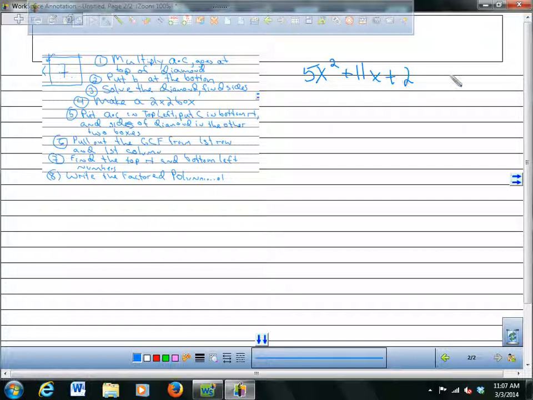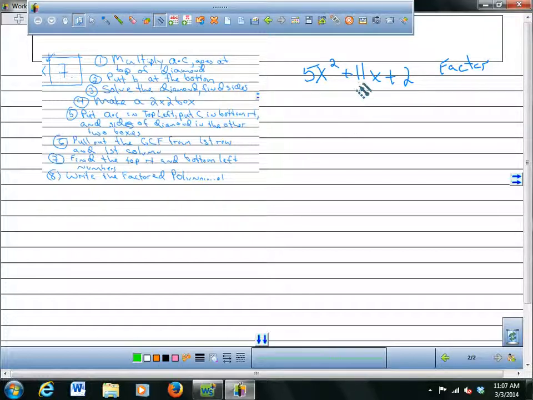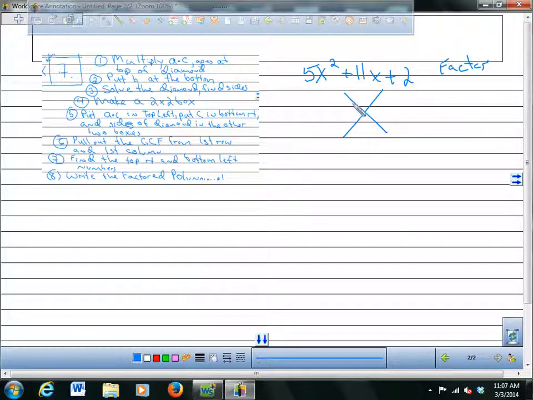Okay? So it says factor. And so what am I going to do first? So what is A times C? 10, right? Just plain old 10 goes there. And goes at the top of the diamond.